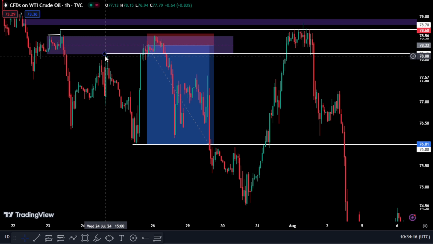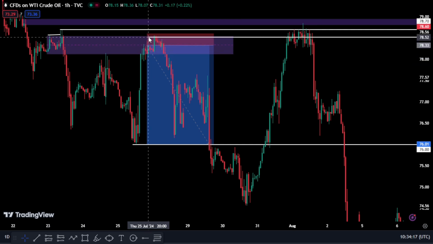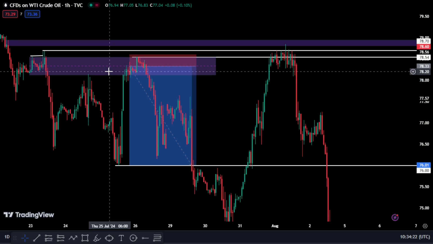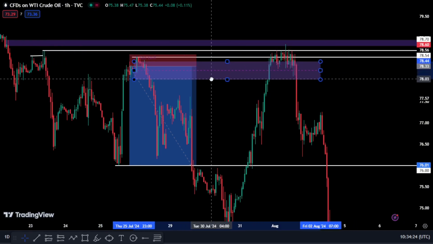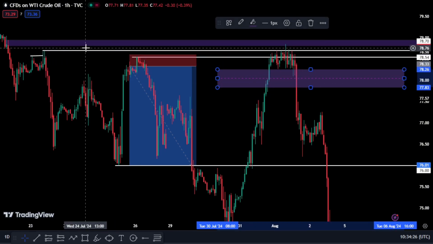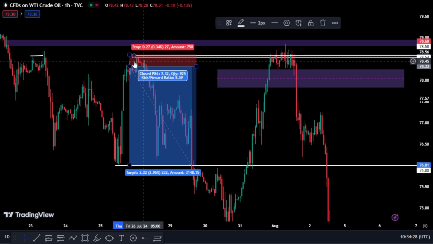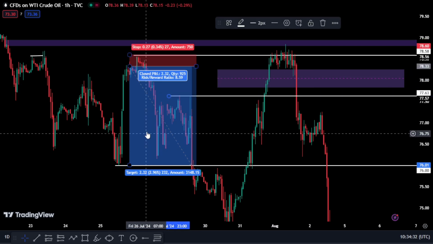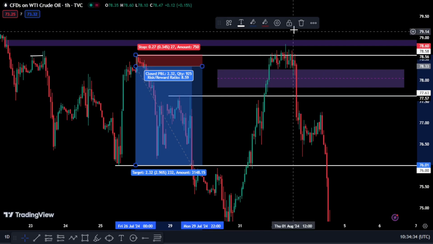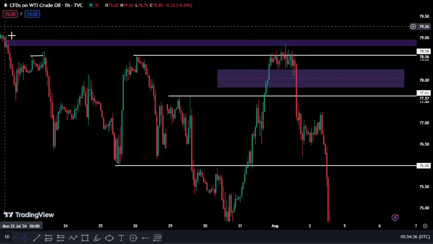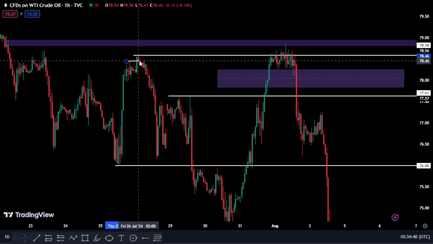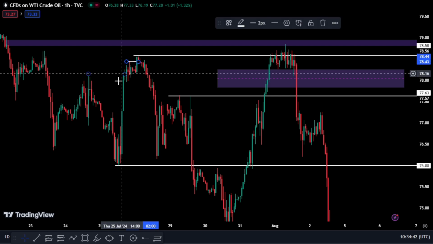So right here we have a PY, and then we have a swing here. We have this area here because we have a sweep here, right?